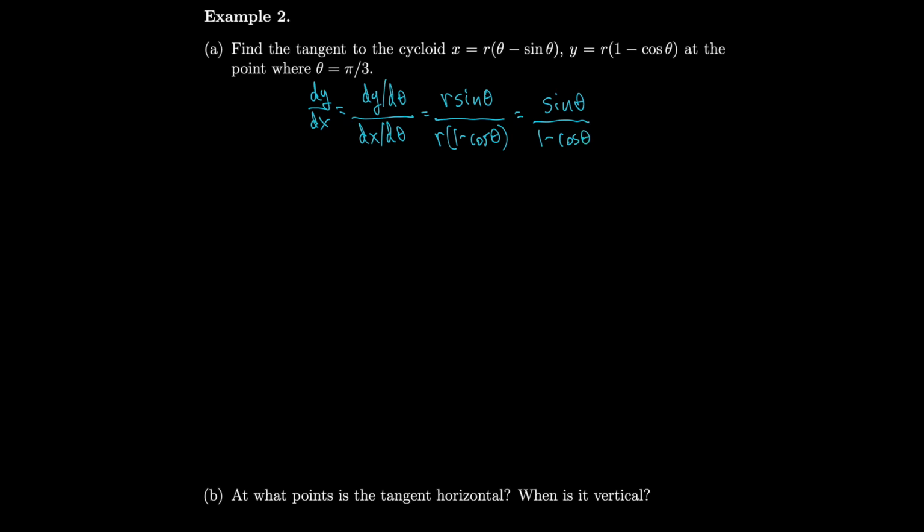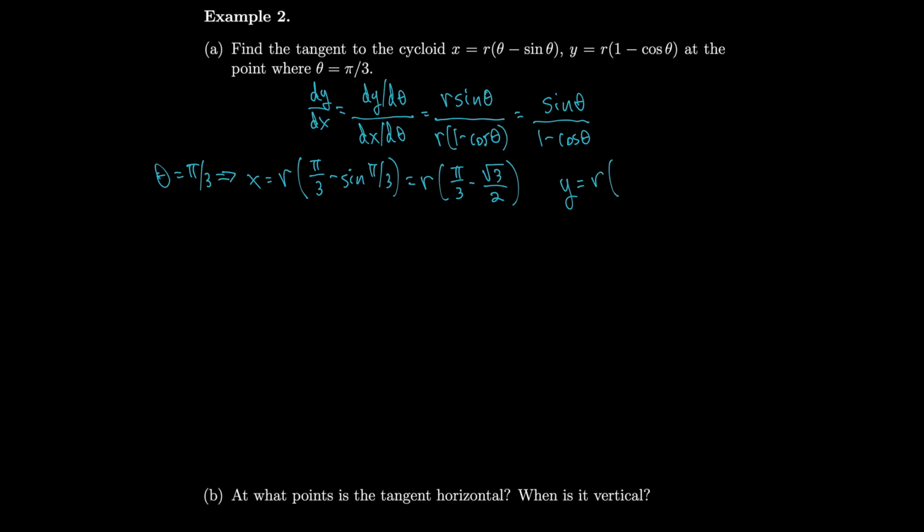So we need to look at theta equals pi over 3. So when theta is equal to pi over 3, that implies that x is equal to r times (pi over 3 minus the sine of pi over 3), which is equal to r times (pi over 3 minus root 3 over 2). And let's get our y coordinate also.